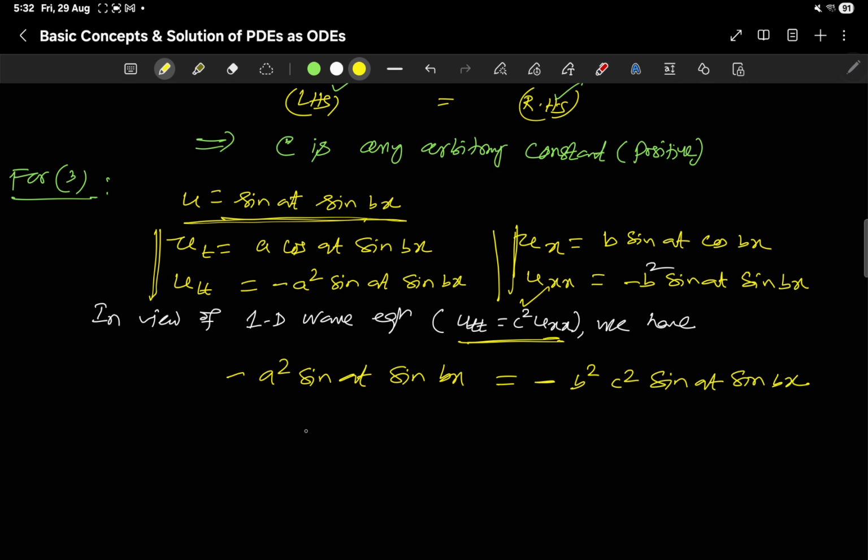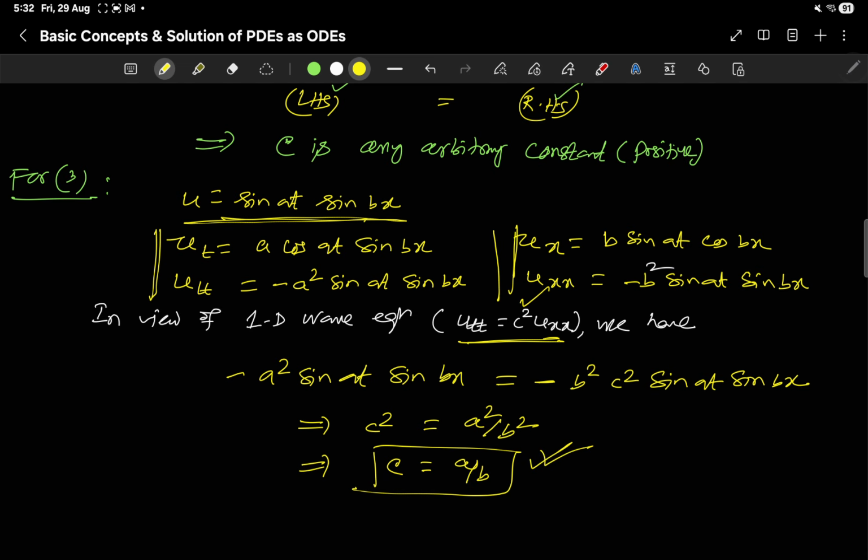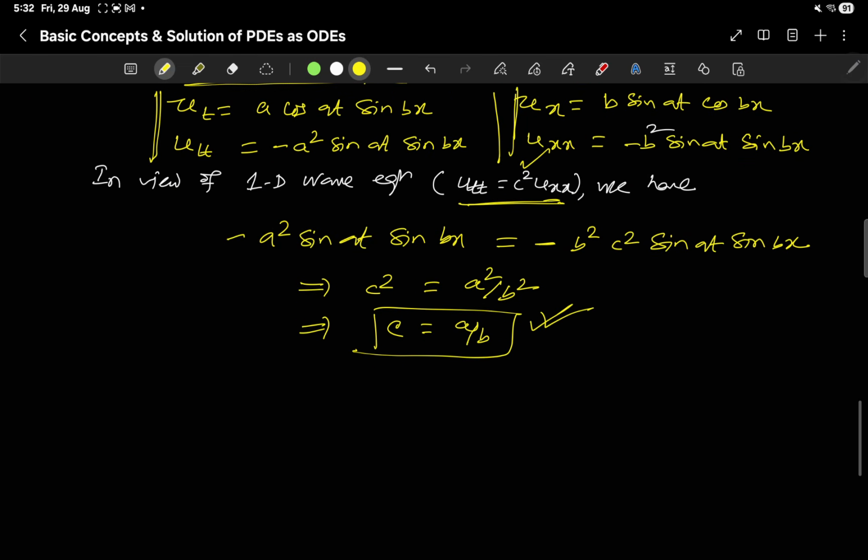So what is my c square? That means my c square is a square by b square, is it not? So what is my c? c is equal to a by b, right? So this is the value of c. Clear?